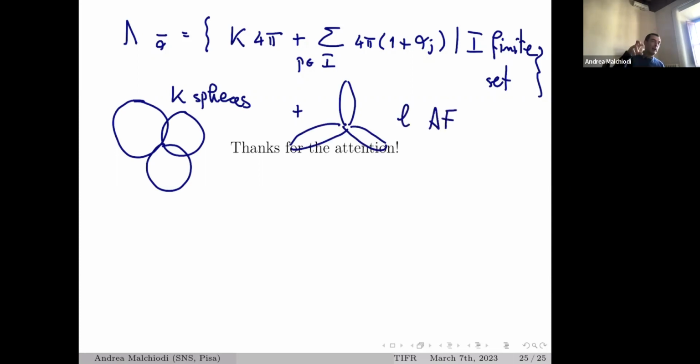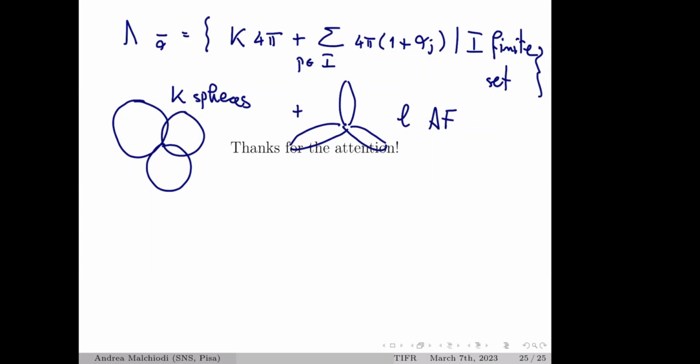And you can show that all the volume goes into the spheres or the American footballs. So if you blow up, the volume is quantized as the sum of volumes of spheres and the sum of volumes of American footballs. So if you avoid this discrete set of numbers, then blow up cannot occur, and then you can run your topological methods.